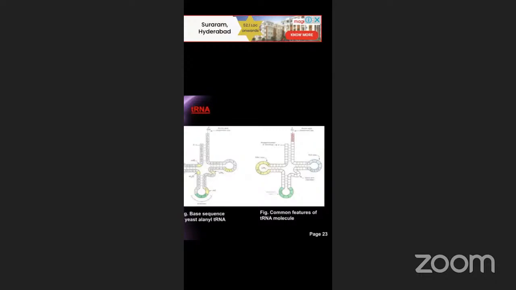Okay. So the chain termination, the termination of the protein synthesis occurs when the termination codon, that is UAA, UAG, and UGA, enters the A site. A protein called the release factor is involved in the termination, and GTP is hydrolyzed to GDP and inorganic phosphate.